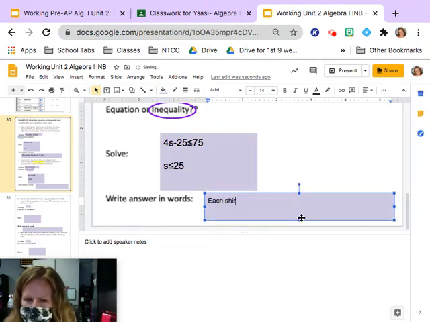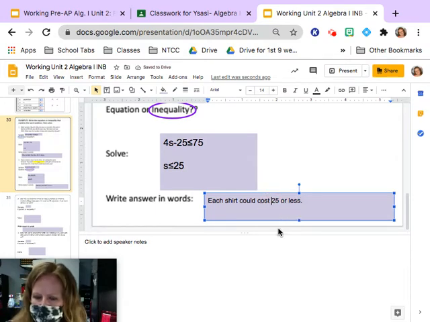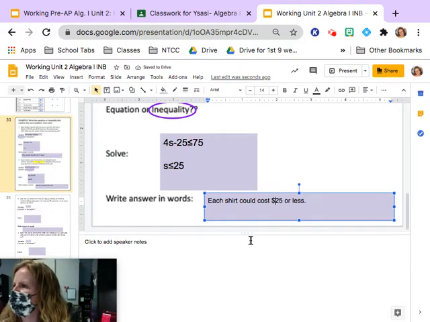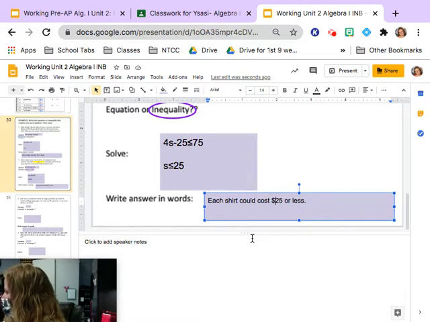Each shirt could cost what? $25 or less, right? Or each shirt could cost up to $25. Each shirt should be no more than $25 each.